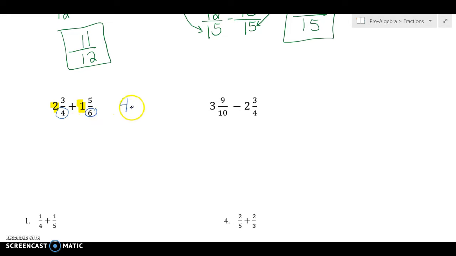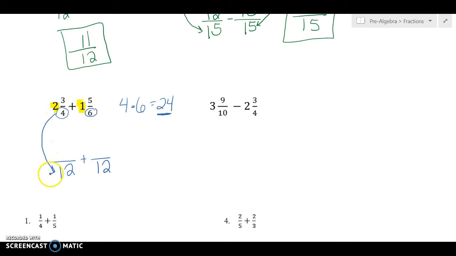If not, you can also do 4 times 6, which is 24. Now, with this one, I will tell you there's a smaller number that they both go into, and so you'll have to reduce at the end. Well, I'm going to go ahead and do the easier way because I know my 4s and 6s, and the first number that they both go into is 12.